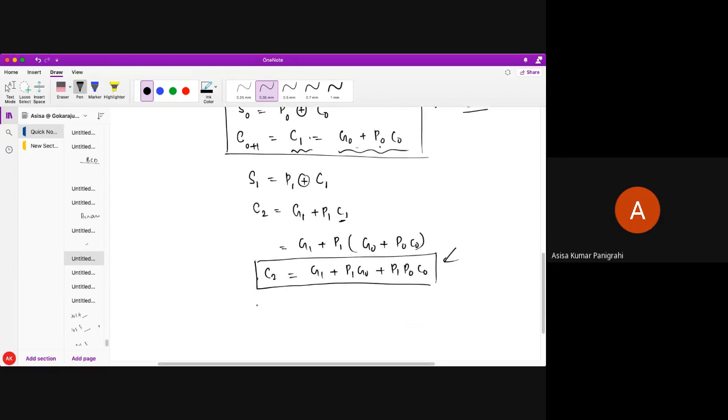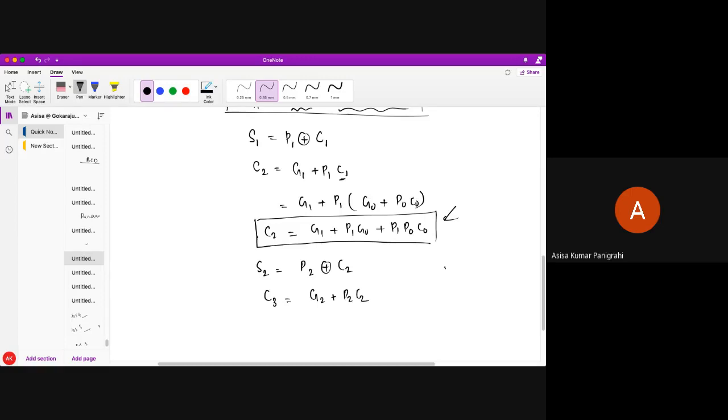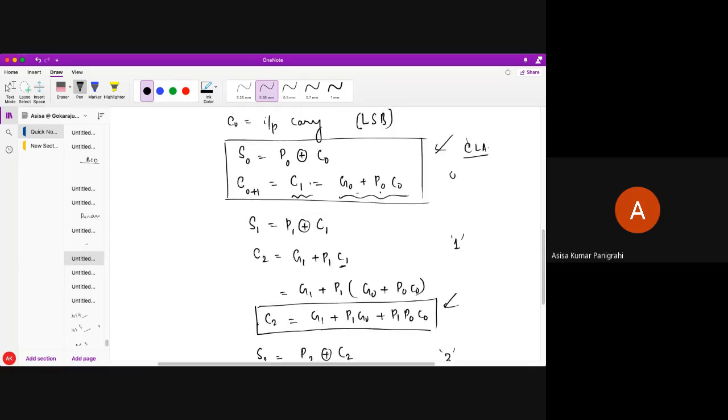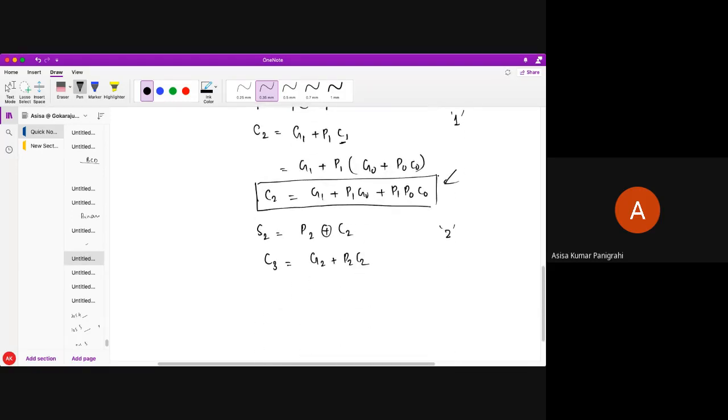Similarly, for the next bit sum, S2, which is nothing else but P2 XOR C2. My C2 is ready here. And what will be the next bit carry? C3, which is nothing else but G2 plus P2 C2, because I am performing the operation for the 2nd bit. This is for the 1st bit, this is for the 0th bit, and this is for the 2nd bit. I am getting this C3.